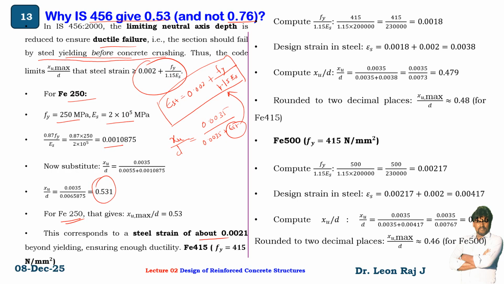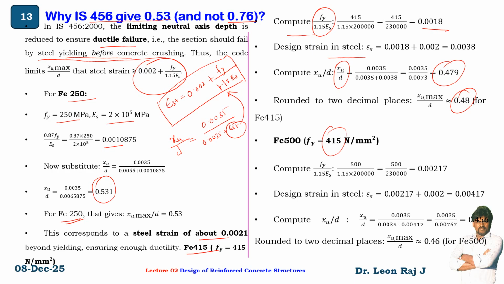Strain in steel 0.001 was used here. Then while computing, it is Fy by 1.15 Es, and then Xu by D is equal to 0.49, that is, 0.48. In the other case, the same formula is used.